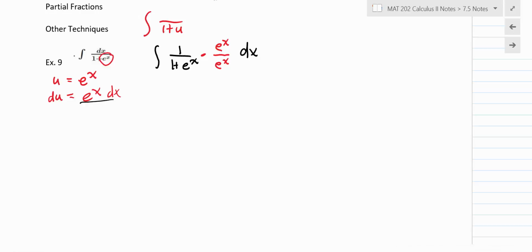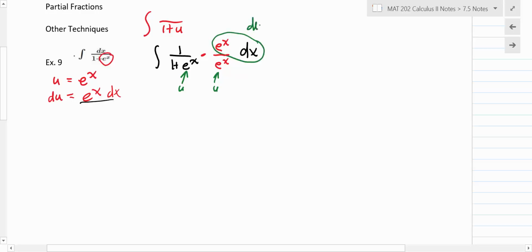Now we're going to work this out a little bit further, and the u substitution is going to go like this. That thing right there is going to be a u. That thing's also u because that's what I let it be equal to. But then this thing right here is going to be the du part. And let's see if we can handle that integral.